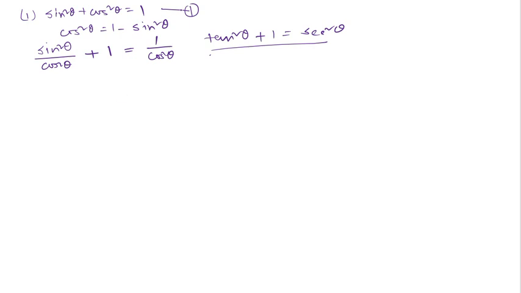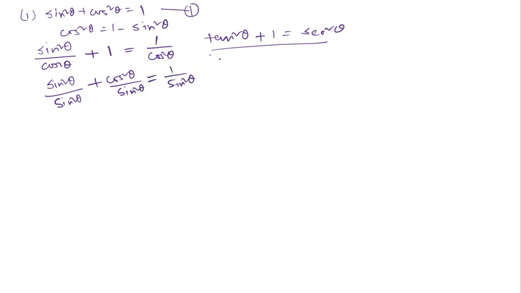Sometimes you may not remember these identities. It is better to remember them, but if you don't, and you remember sin square theta plus cos square theta equal to 1, you can easily make them out, correct, by dividing. And vice versa, you can do that, correct? You can divide by sin square theta. Then sin square theta by sin square theta plus cos square theta by sin square theta equal to 1 by sin square theta, correct?